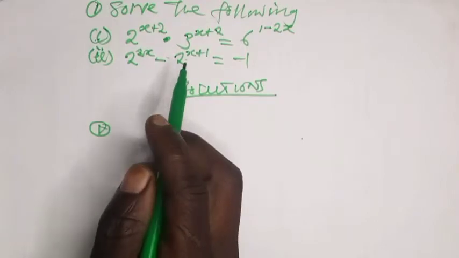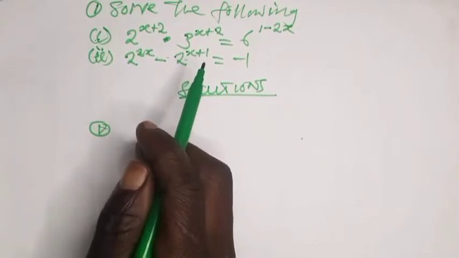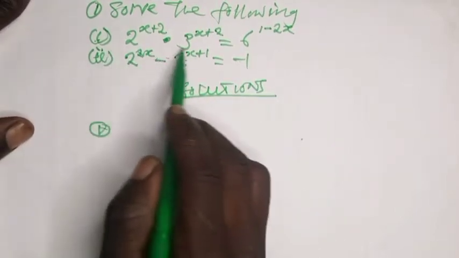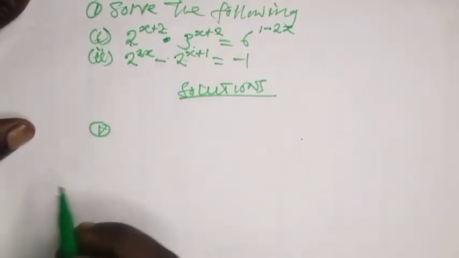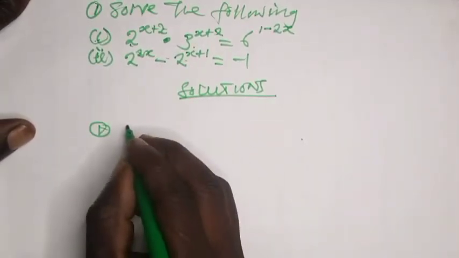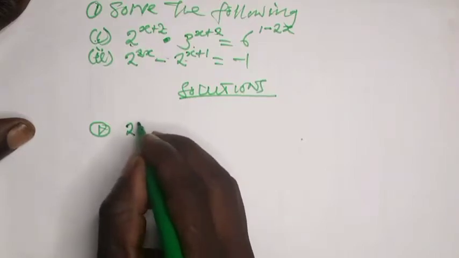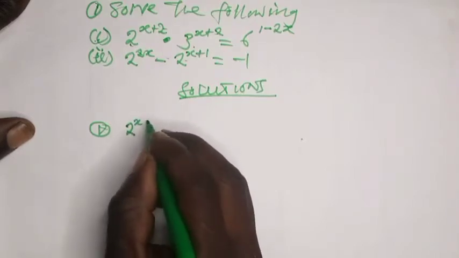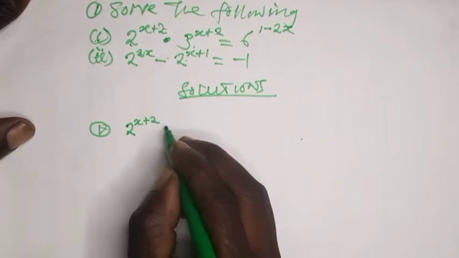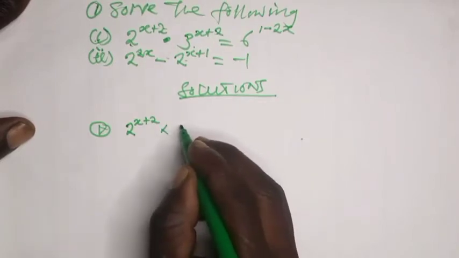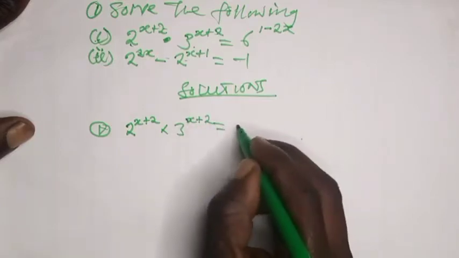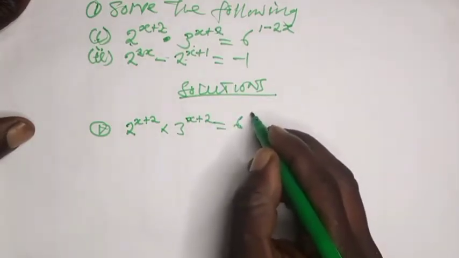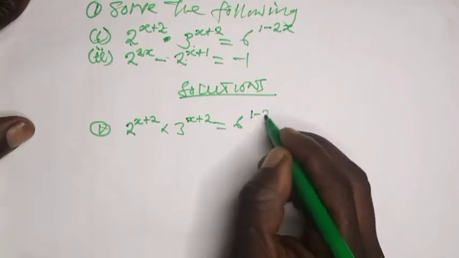We have to look for the laws of indices. Like I said, this one falls under when the powers are the same, then we multiply this one times this one. So we do 2 power x plus 2 times 3 power x plus 2 equals 6 power 1 minus 2x.